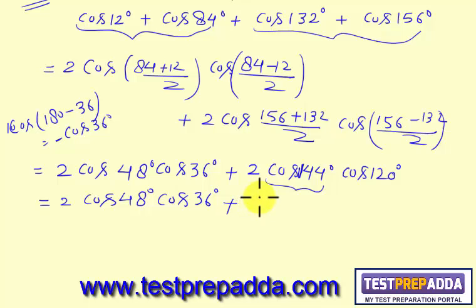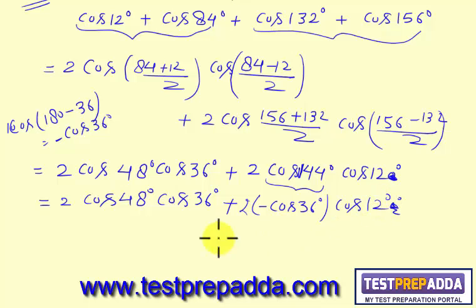So it will be written as 2 minus cos 36 degree and cos 120 degree, sorry, I'm extremely sorry, it is not 120, it is 12 degree.